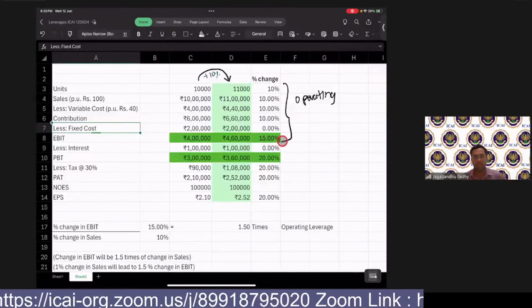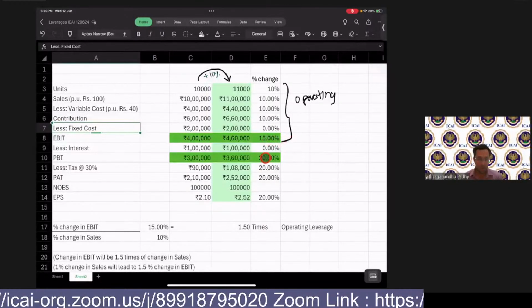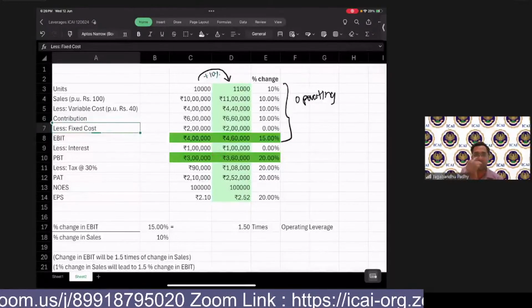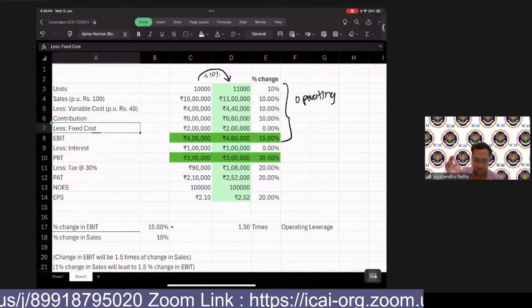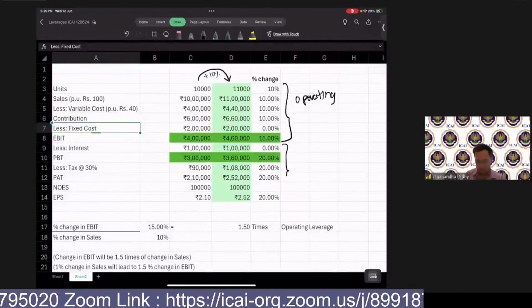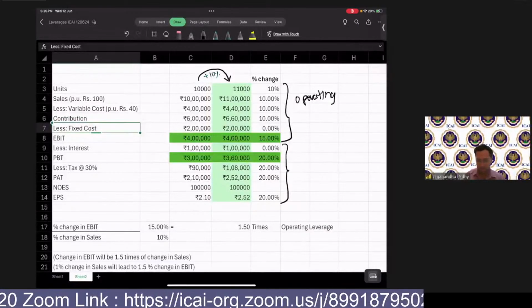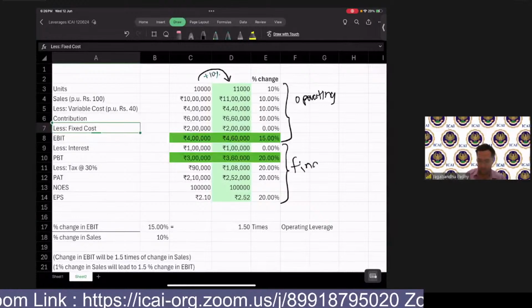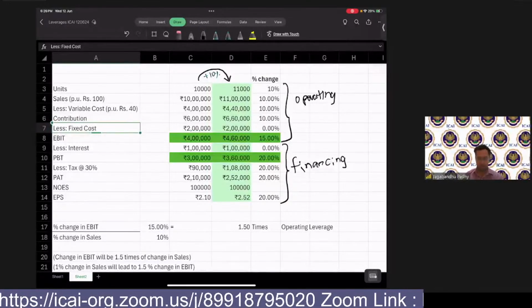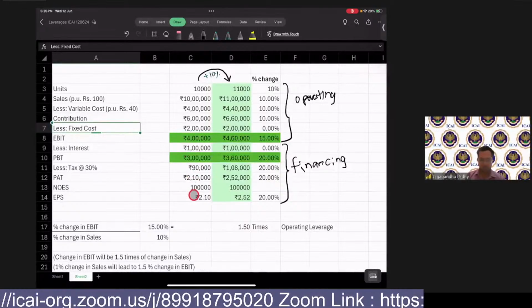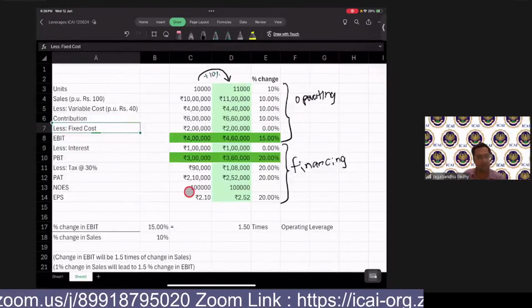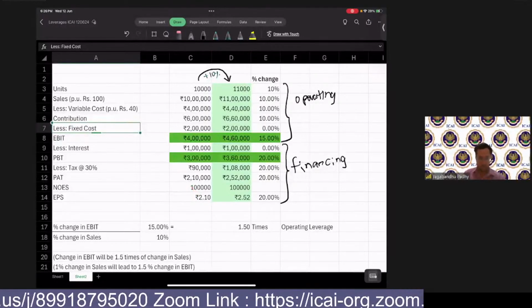A similar sort of leverage is what we observe in the financing portion. Once EBIT is earned, the operations part is done, and whatever you have now is going to be the financing part. So the portion from EBIT till your EPS number is your financing. From interest onwards till EPS, whatever numbers you have will be the result of your financing decisions, how you have financed your business.